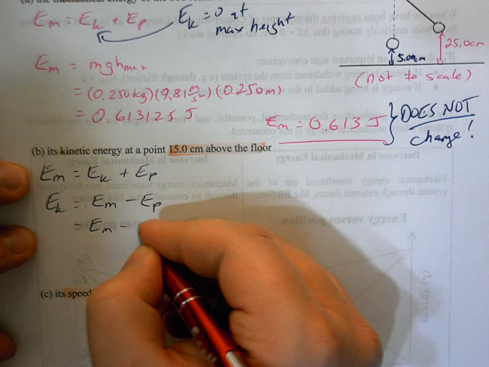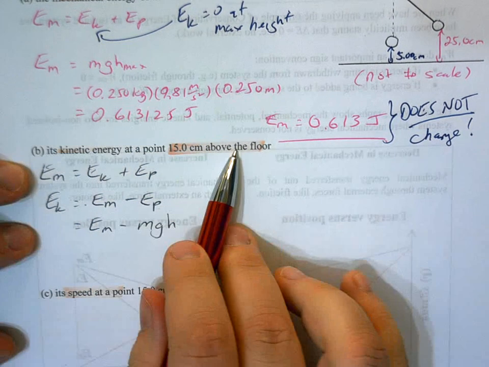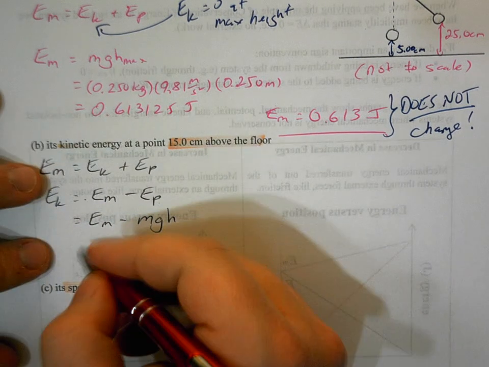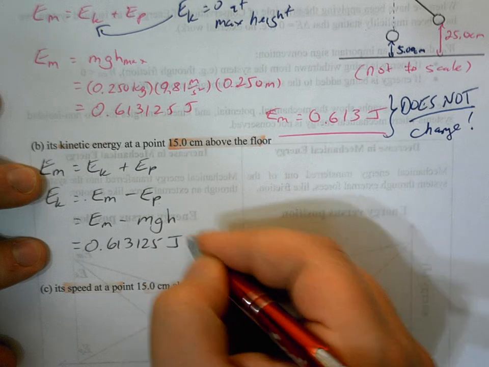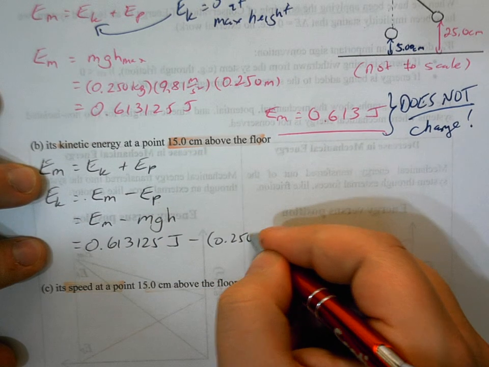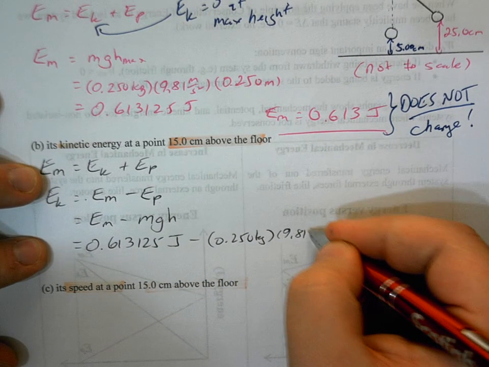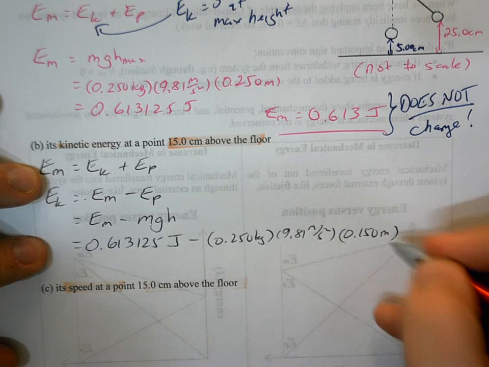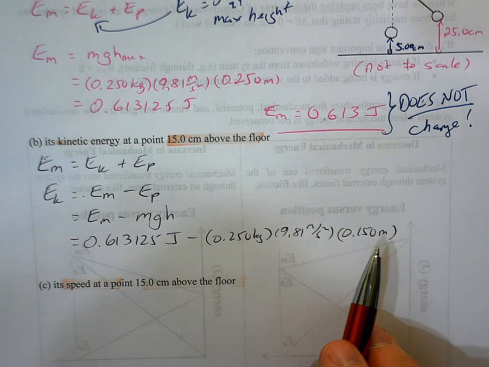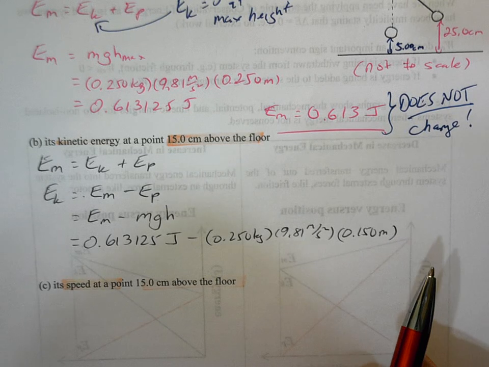So we're going to minus mass times g times that height. So our mechanical energy, that does not change, minus that mass of 0.250 kilos, 9.81 meters per second squared, and then this time our height of 15 centimeters, or 0.150 meters.